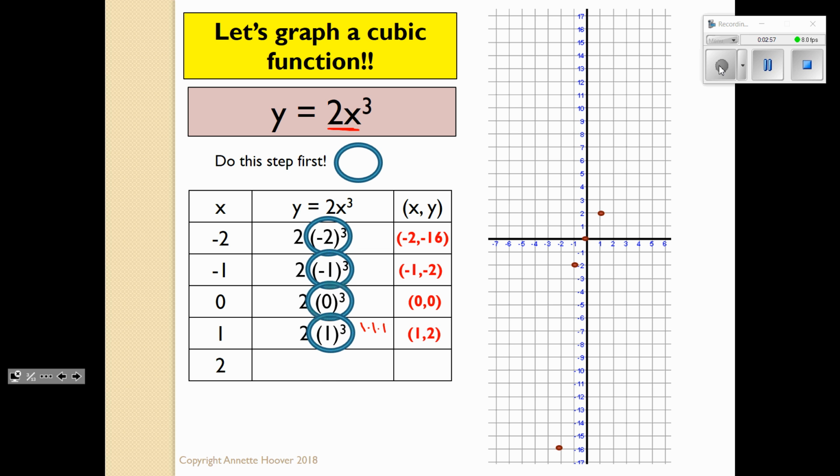If we plug in a 2, you're going to do the 2 cubed first. And 2 times 2 times 2 is 8. And we multiply that times 2, and we get 16. So our ordered pair is 2, 16. So if you look here, you'll notice, if you remember the quadratic functions, when we went out, we would have the same number here. We would have 2 and 2.